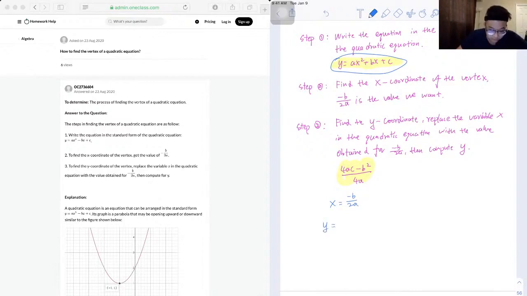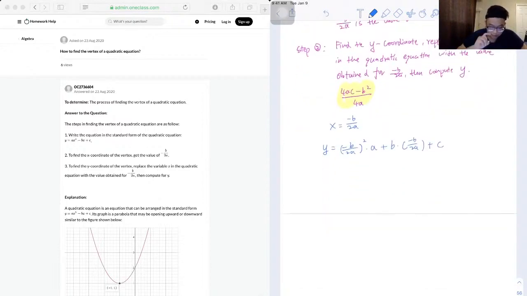And instead of writing x squared, it's going to be negative b over 2a squared times a, plus b times negative b over 2a, and plus c. All right, so now let's get rid of the brackets.